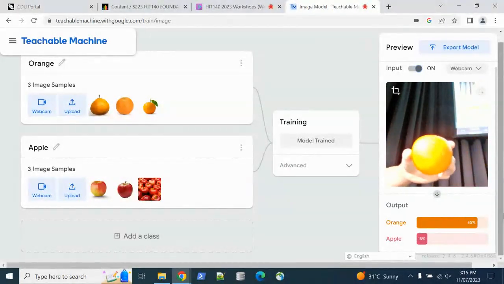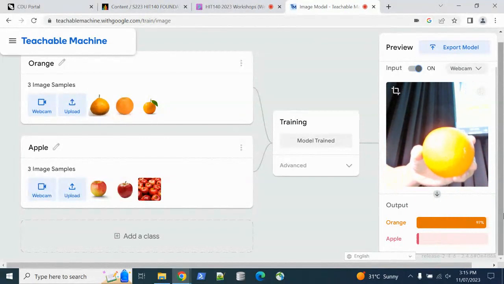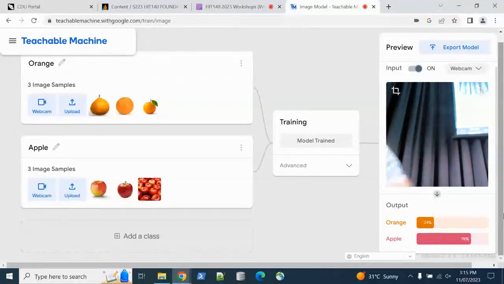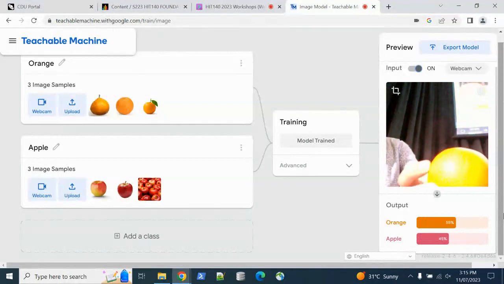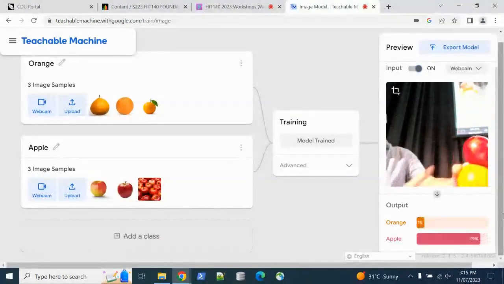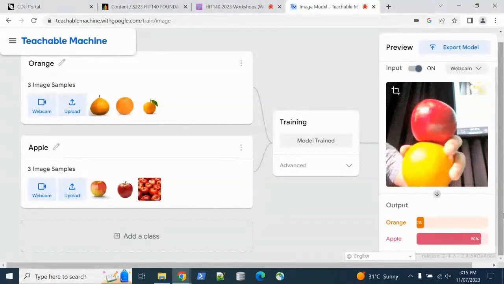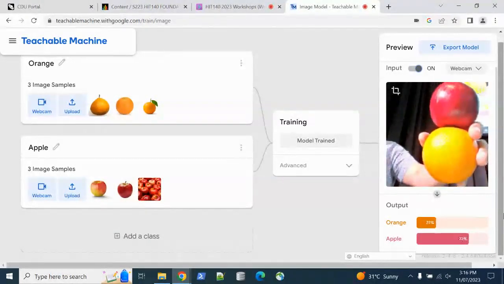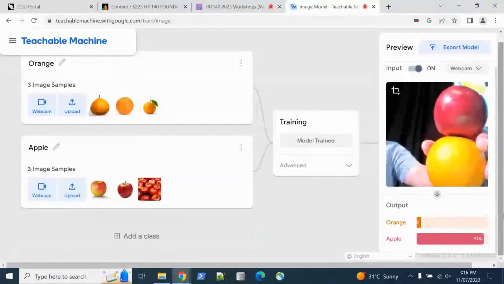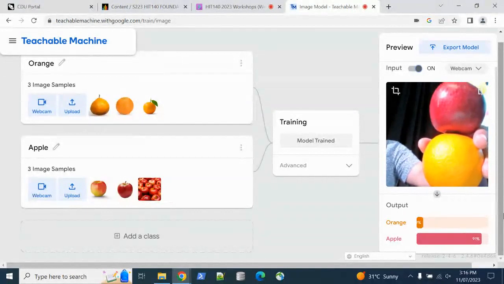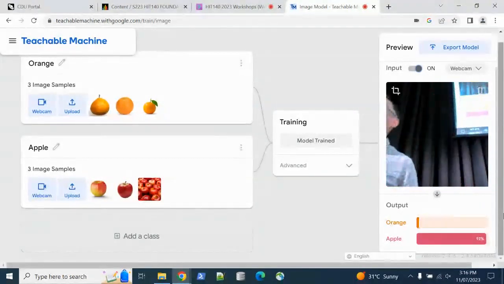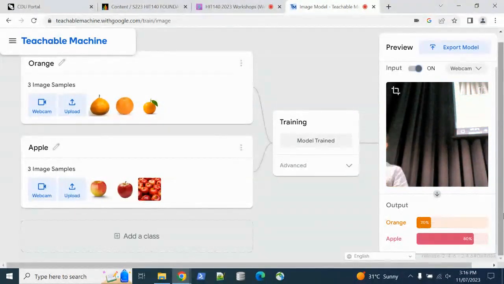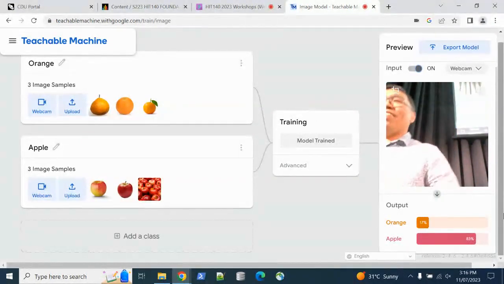Okay, if we put both, let's stack them up. Sometimes apple, but when I tried just now, it's sort of 50-50 kind of thing.